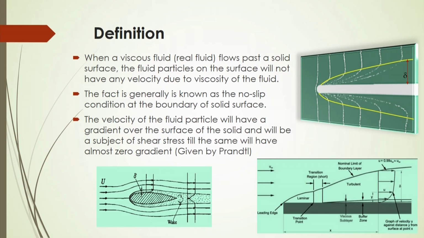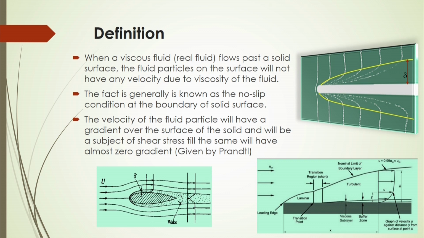Now, let us first define this boundary layer. This boundary layer concept is based only on viscous fluid flow. When a viscous fluid flows past a solid surface, the fluid particles on the surface will not have any velocity due to the viscosity of the fluid, and this is known as the no slip condition at the boundary of the solid surface.